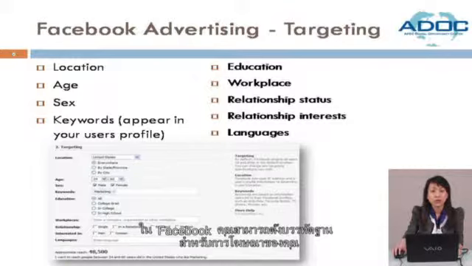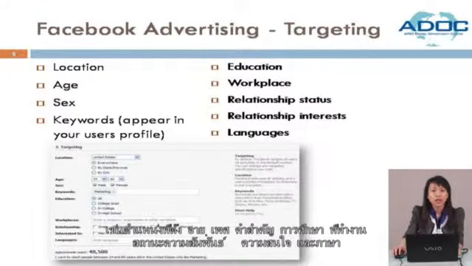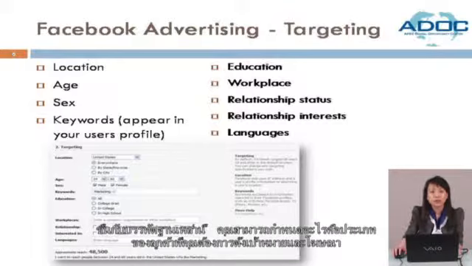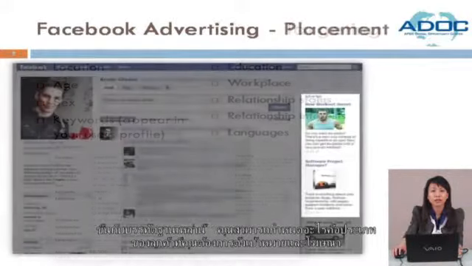In Facebook, you can set some criteria for your advertisement, such as location, exact keywords, education, workplace, relationship status, relationship interest, and languages. Based on these criteria, you can determine what kind of customer you want to target and advertise to.